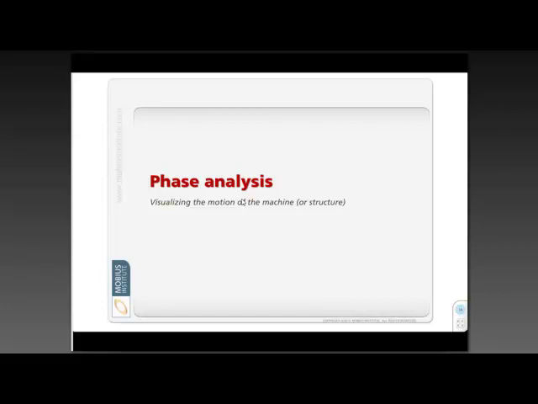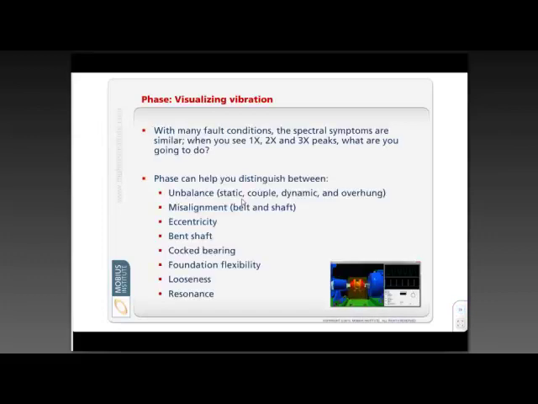I can look at an individual spectrum and get an idea of the frequencies, and same with the time waveform. But I would really like to see how the fault condition is affecting the machine as a whole. And that is what phase analysis does.